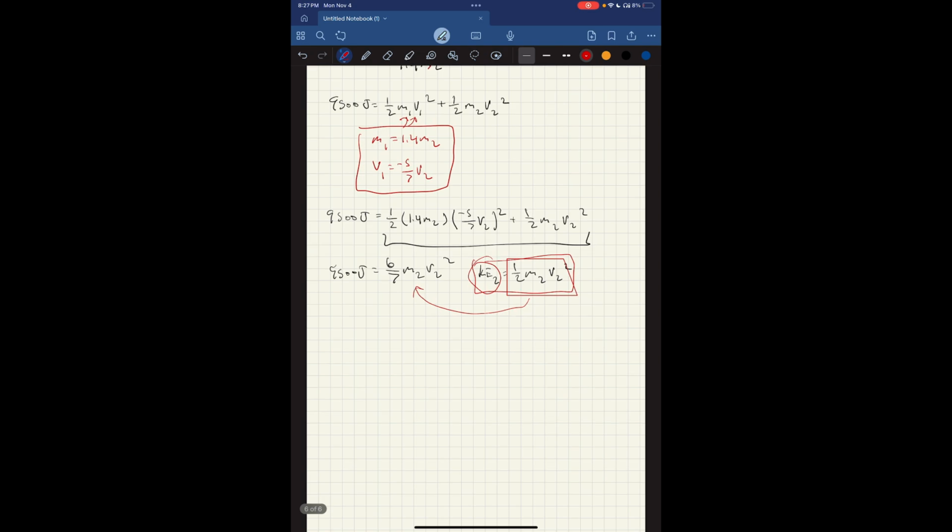So we have 9,500 joules is equal to 1/2 m2 v2 squared times 6 over 7.